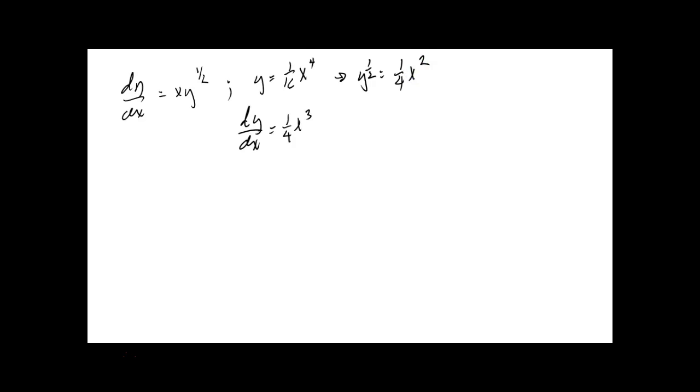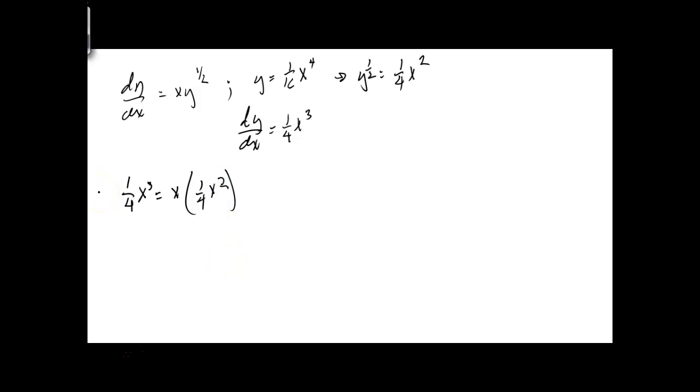Okay? Now, let's plug and chug then. Let's put this in here, that in here. So this gives you 1/4 x cubed is equal to x times x y to the 1/2, which is 1/4 x squared.